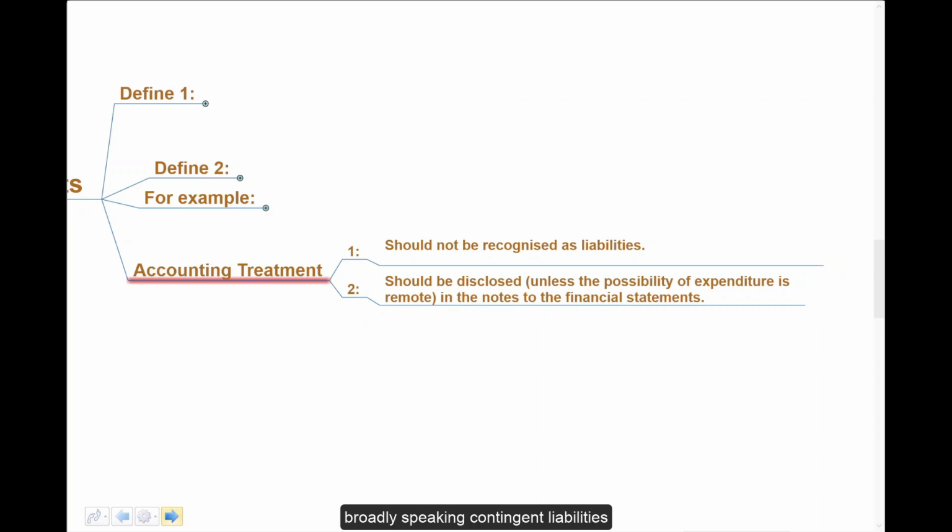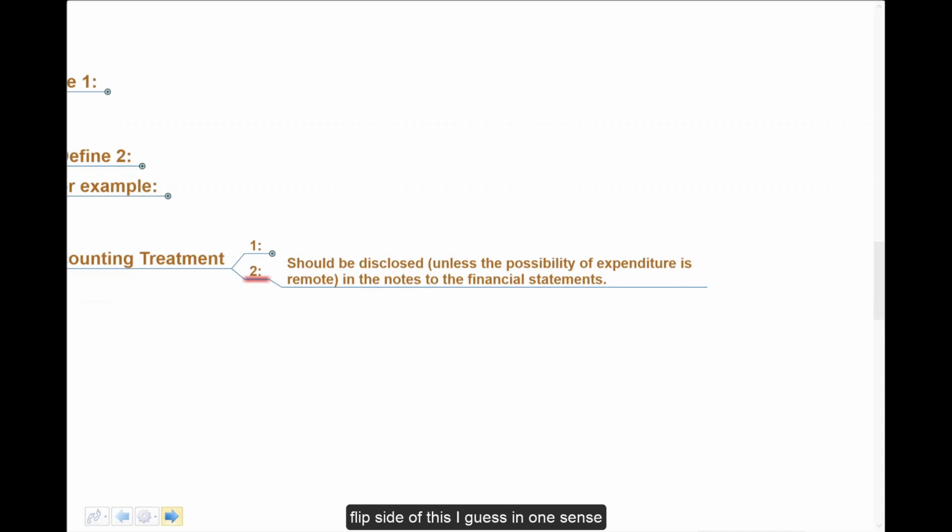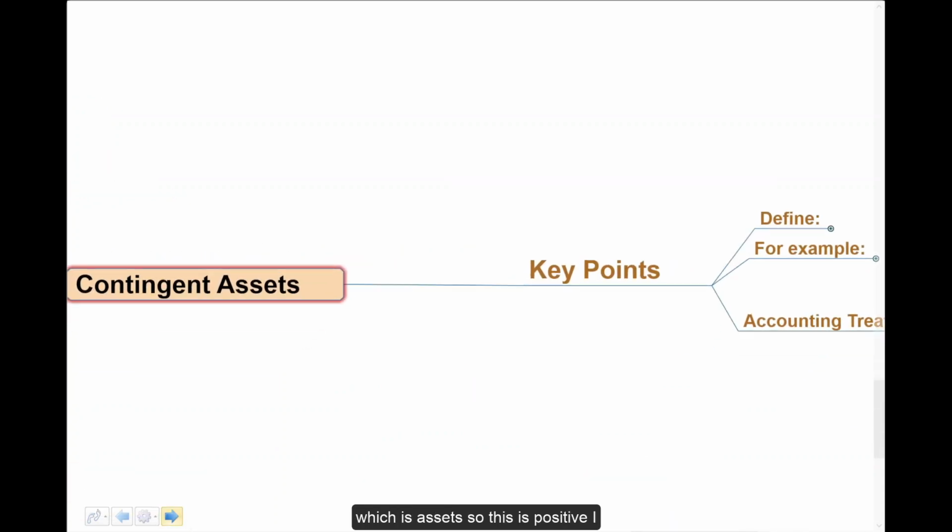So broadly speaking, contingent liabilities, disclose. Remote means, in essence, highly unlikely, less than a 5% chance. Okay? So that's liabilities.